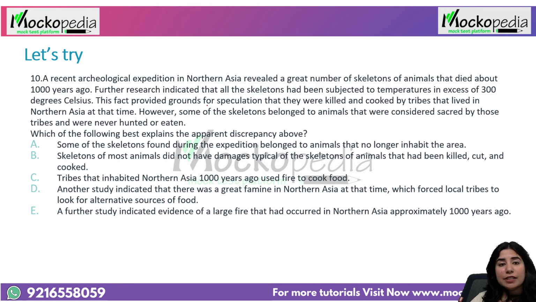This fact provided grounds for speculation that they were killed and cooked by tribes that lived in the northern Asia at that time, right? तो बहुत skeletons मिले और ऐसा पता चला कि skeletons have been subjected to high temperatures. So एक speculation आया कि tribes ने उनको kill किया होगा उन animals को, they must have cooked.